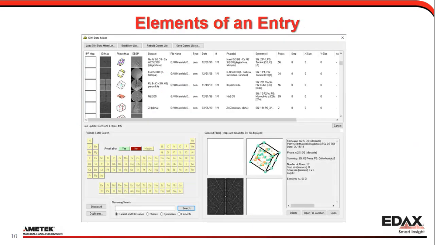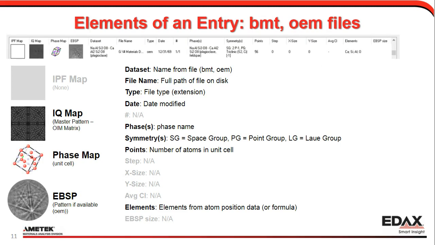Now, it's quite a bit different. It can now look for the phase files, so BMT files, or our new OEM file format, which I'll talk about a little bit later. And for those, it won't show an IPF map. The IQ map is replaced with a master pattern if you have the OIM Matrix module installed for dynamic pattern simulation.